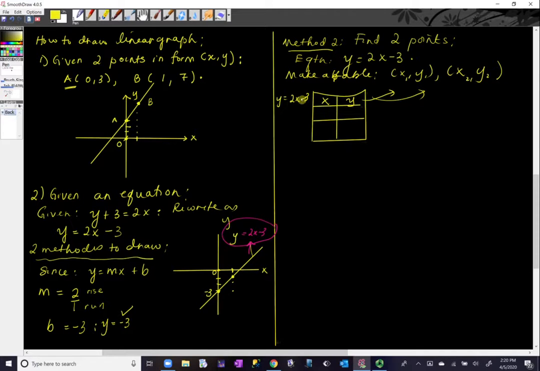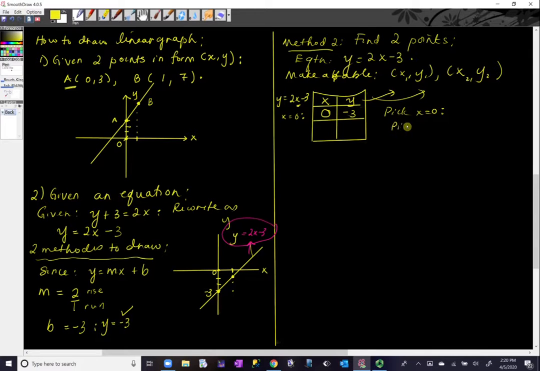So my first choice is when x is 0. I'm picking x equals 0. So when x is 0, what is y? Negative 3. You plug 0 into the equation, of course it's negative 3. So I pick x equals 0 as my first choice.